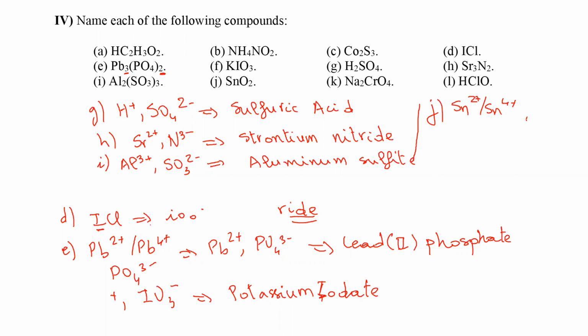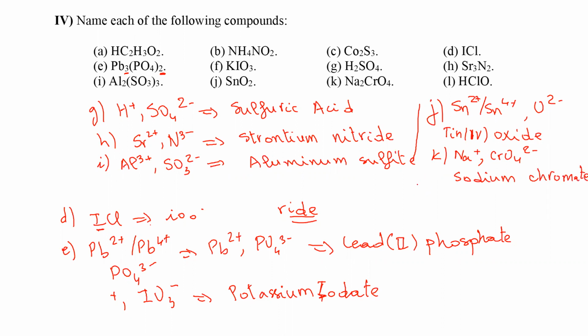And on the oxide ion, so here we know that's going to be 4 because we need 2 oxygen to balance. So it's going to be tin 4 oxide. Okay, we have sodium ions and chromate. It's going to be simply sodium chromate.